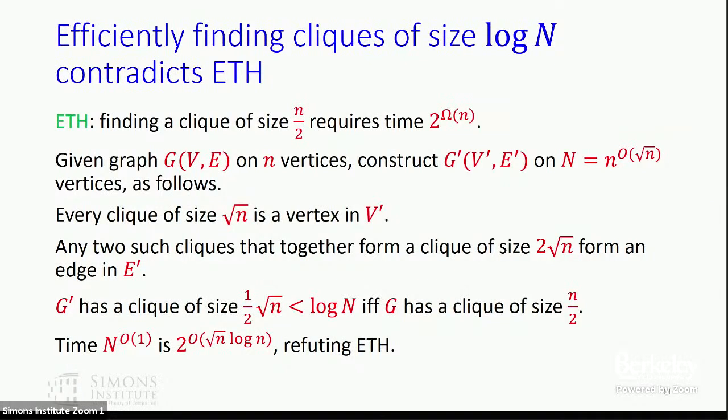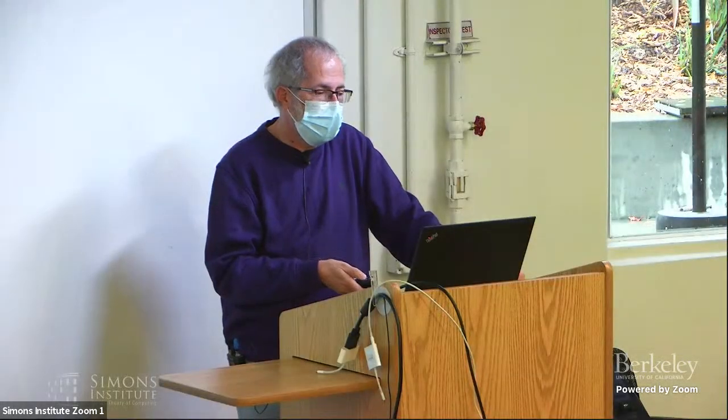So if you can solve the task of finding a log size clique in the new graph in time polynomial in the size of the new graph, this would be time 2 to the order of square root n log n and would refute the exponential time hypothesis. So we have evidence that it's difficult in the worst case to find cliques of size log n.